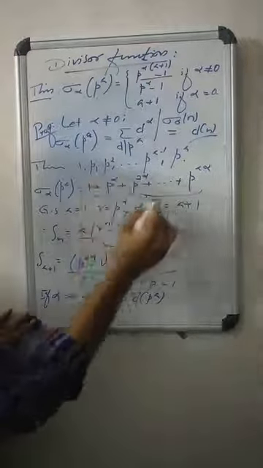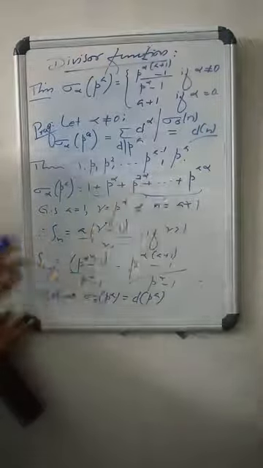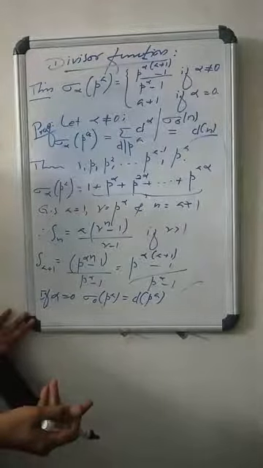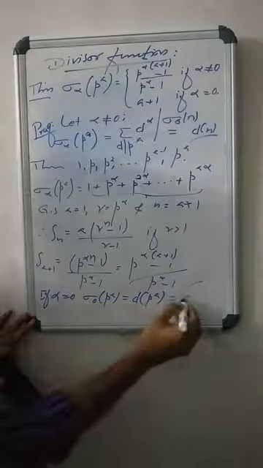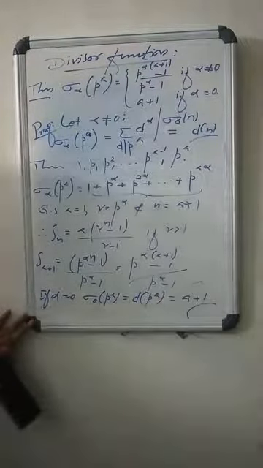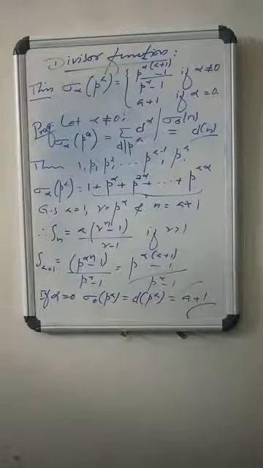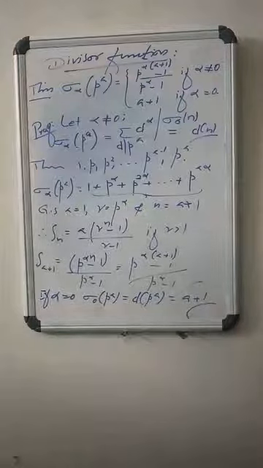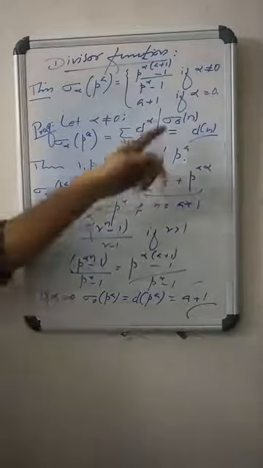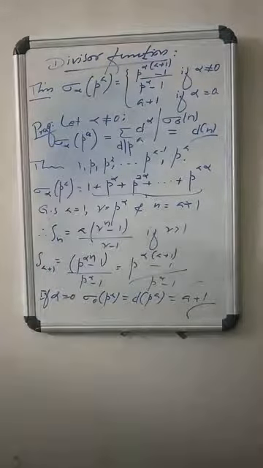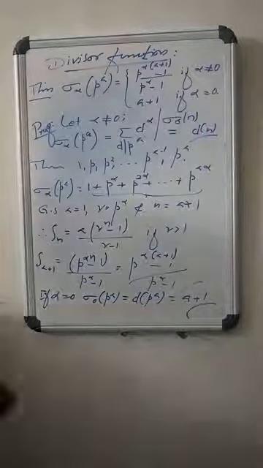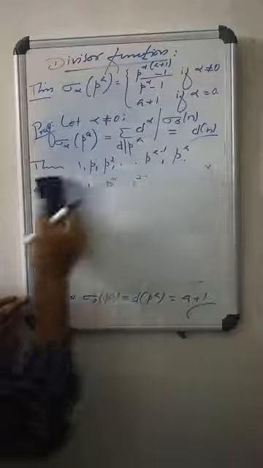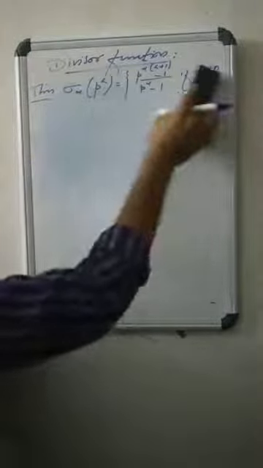How many divisors of p power a are there? 1, p, p square, etc., p power a are the divisors of p power a. That means there are a plus 1 divisors. So d of p power a, the number of divisors of p power a, is a plus 1. Hence sigma 0 of p power a is a plus 1. That immediately follows from sigma 0 of n. Okay. So this is an important theorem about this divisor function.